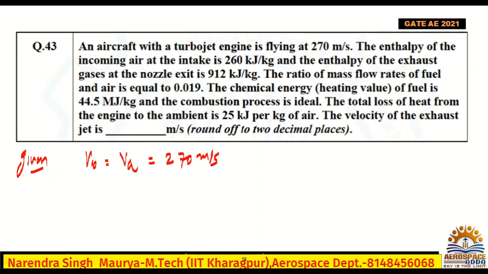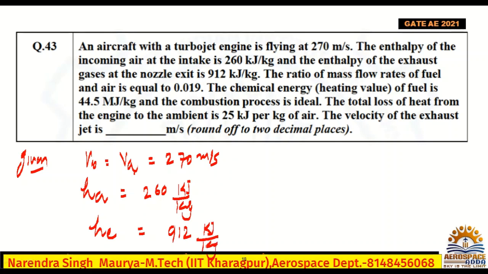The enthalpy of the incoming air at the intake, atmospheric, so h_a is 260 kilojoule per kg, they have given. And the enthalpy of the exhaust gases at the nozzle exit is 912 kilojoule per kg.